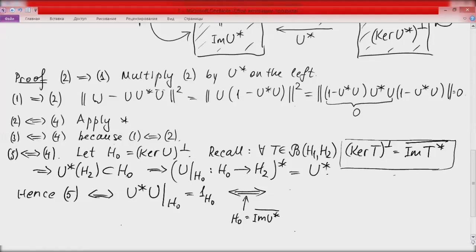Or equivalently, this means that the compositions of these operators with U star are the same, and we get this identity. But this is precisely condition 4 of our theorem. And this completes the proof.